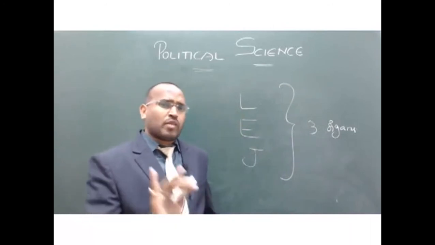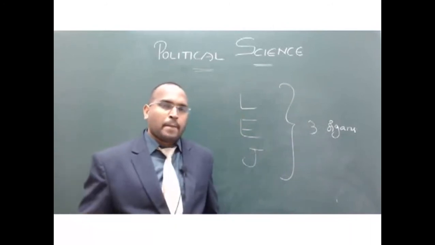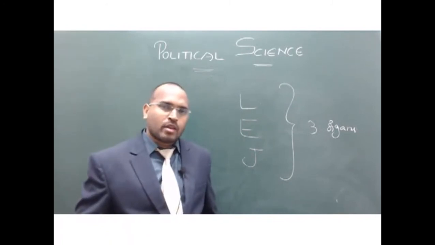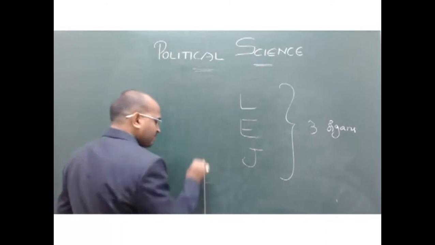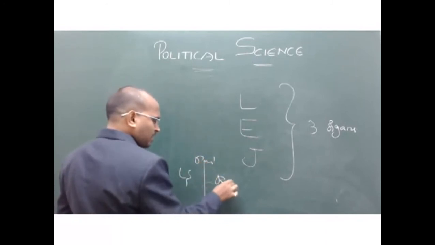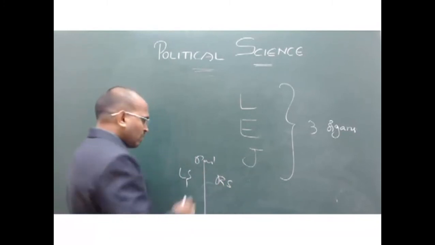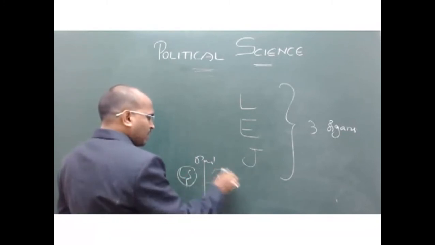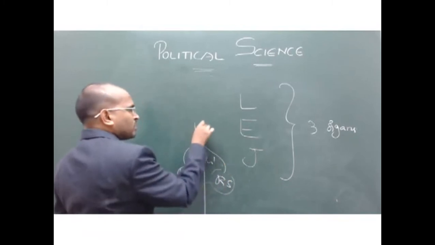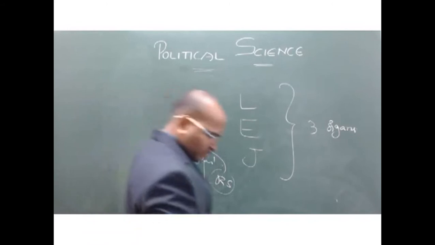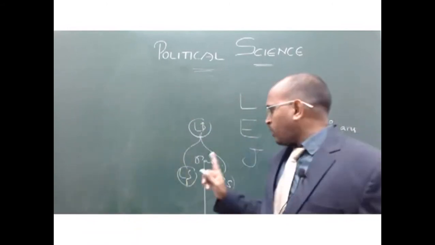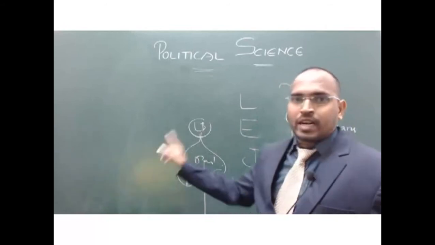For this, I will go to live examples. Parliament is there. In parliament, Lok Sabha is there, Rajya Sabha is there. Lok Sabha and Rajya Sabha are nothing but legislative bodies. Lok Sabha and Rajya Sabha are for the central government.